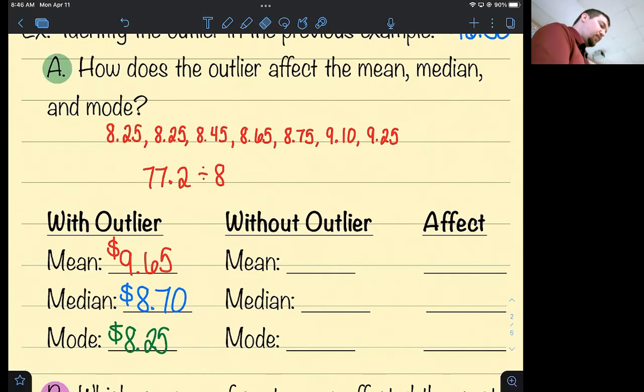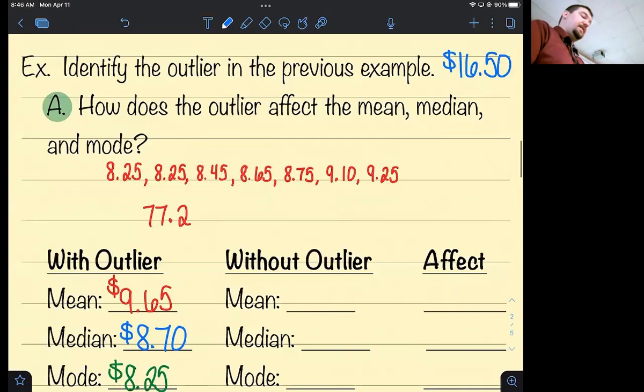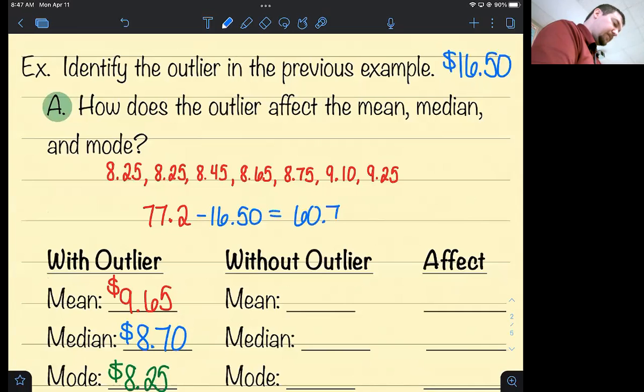The 77.2, if we take away the 1650, is going to be 16.50 smaller. So what's the new total that we're going to get, Natalie? 60.7. Yeah.